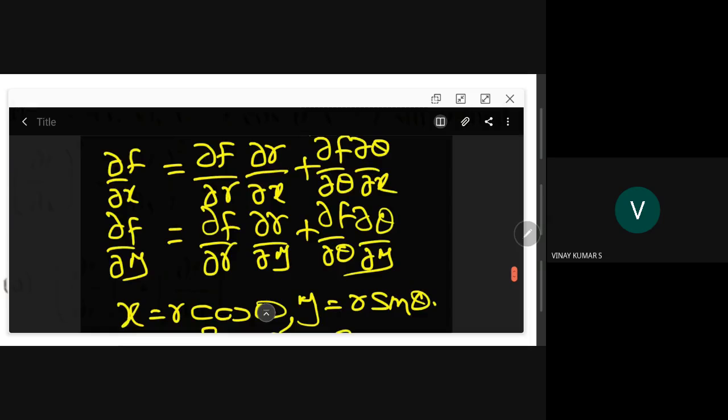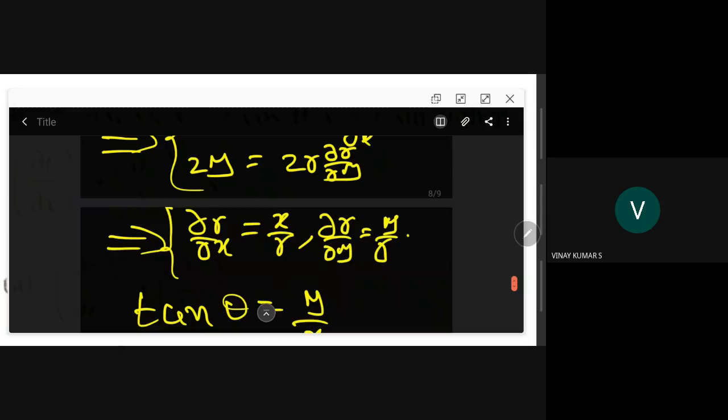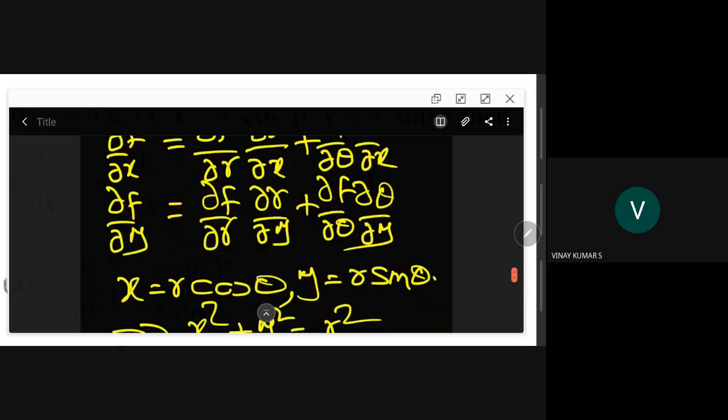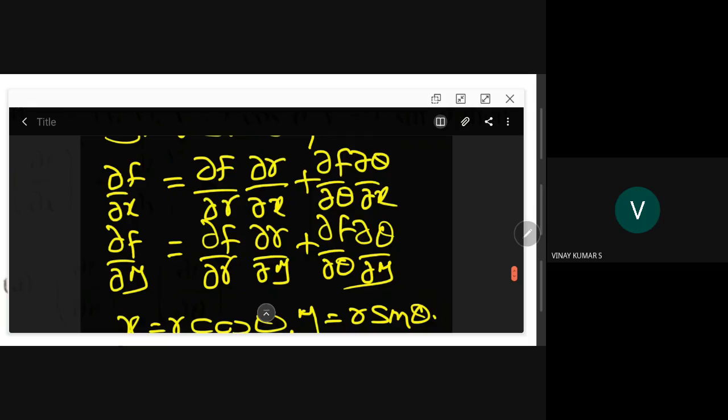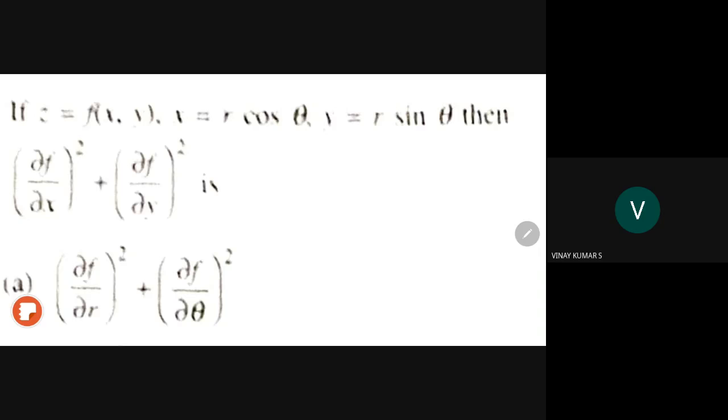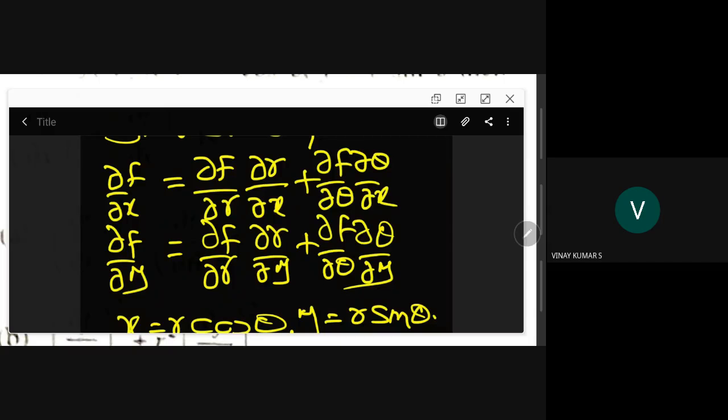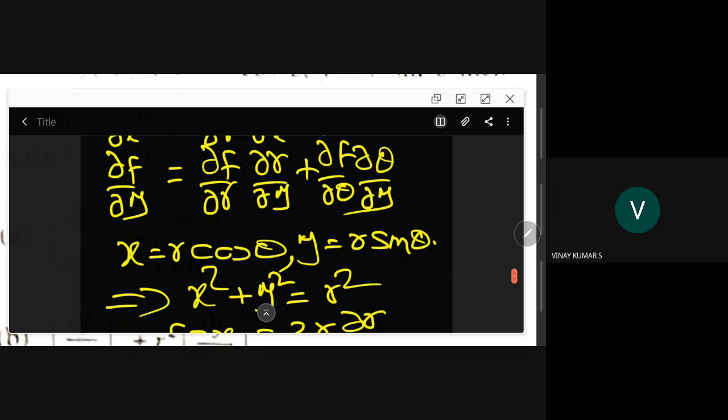Already ∂r/∂x is there, ∂r/∂y is there, and we are looking for the answer. Okay, good. ∂r/∂x is there, ∂r/∂y is there, ∂theta/∂x and ∂theta/∂y we want.